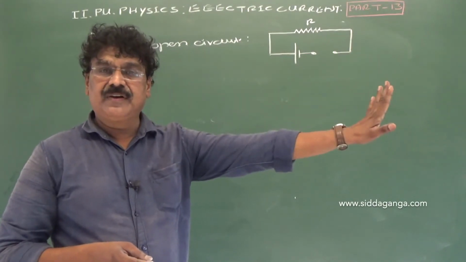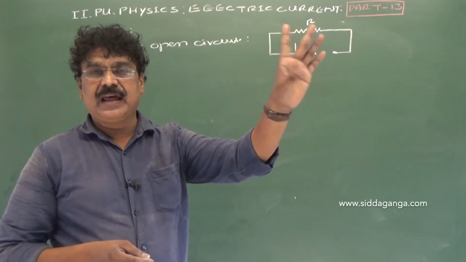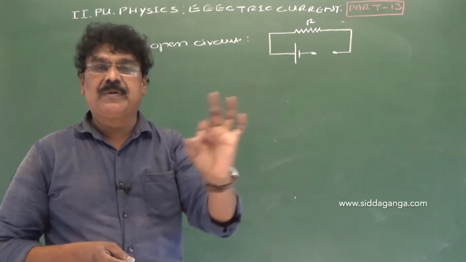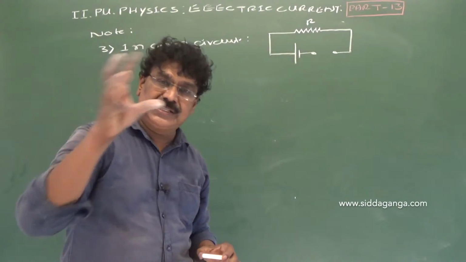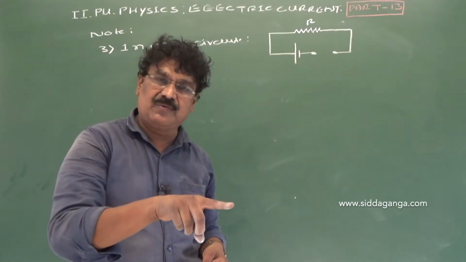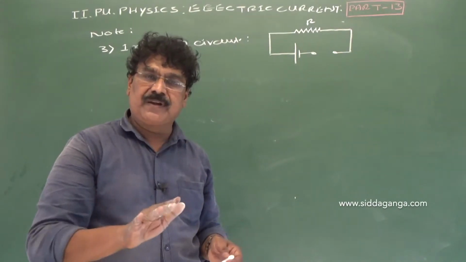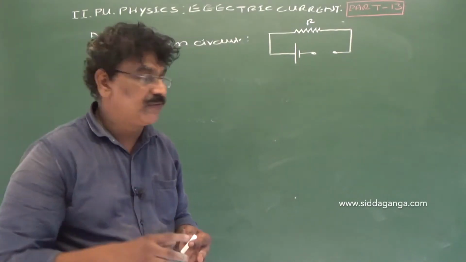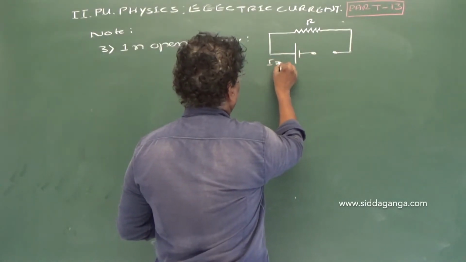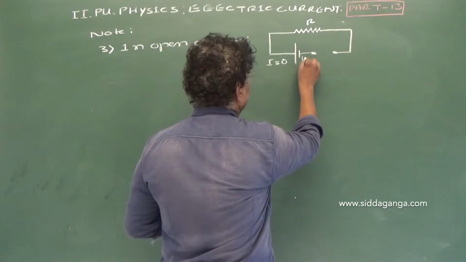When it is switched off, no current flows through the fan, and the fan does not rotate. Now we say that it is in open circuit condition. Through the switch, we can make the circuit a closed circuit for the flow of current, and an open circuit in which no current flows through it. So here, current flowing through this is equal to 0.